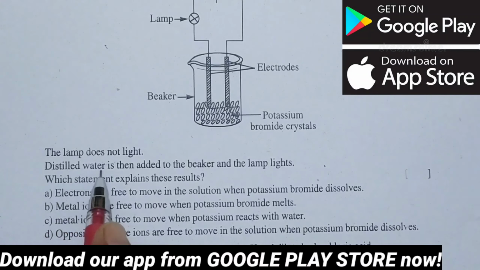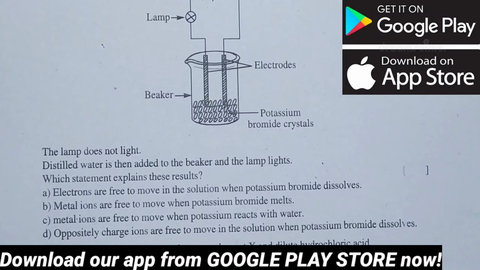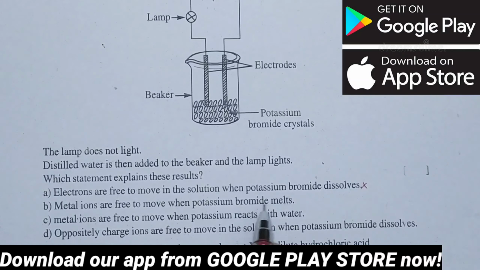Which statement explains these results? First one, electrons are free to move in the solution when potassium bromide dissolves. This is wrong. The bulb doesn't glow just because of electrons; there should be oppositely charged ions. Metal ions are free to move when potassium bromide melts.